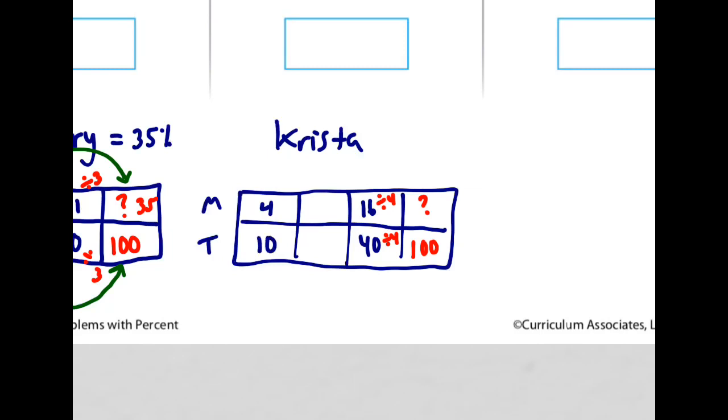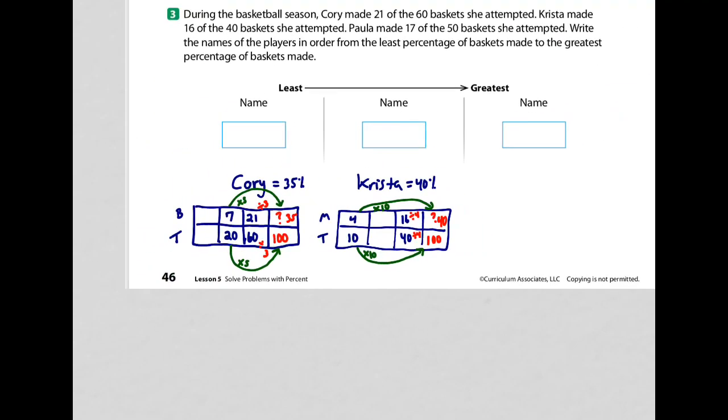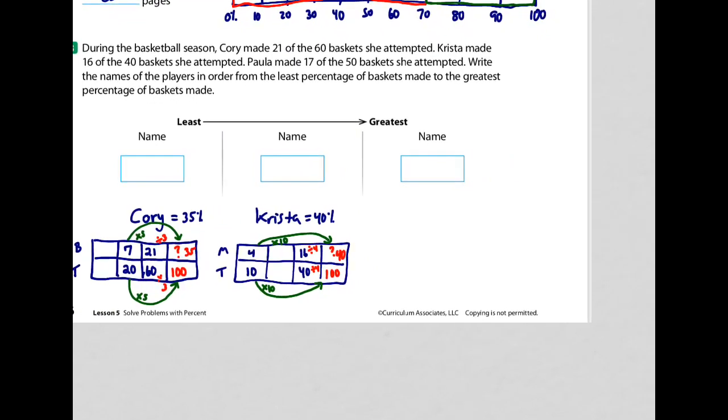And this is going to be a much easier one to do because to get the percent, all I do is 10 times 10 is 100. 4 times 10 is 40. So Krista made 40% of her baskets. Okay, so now let's go to the last person, Paula.